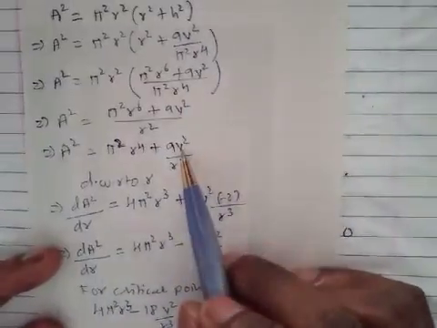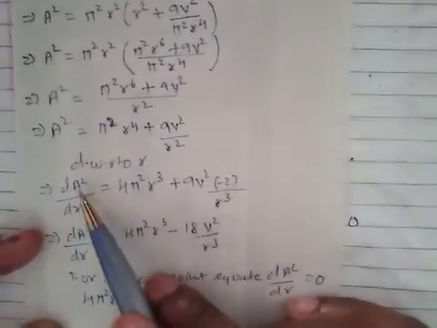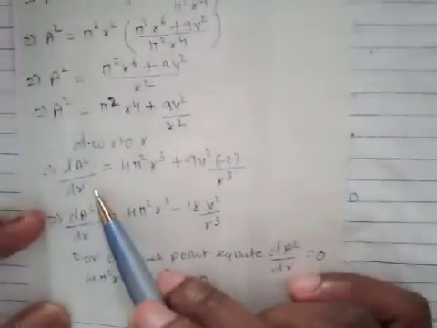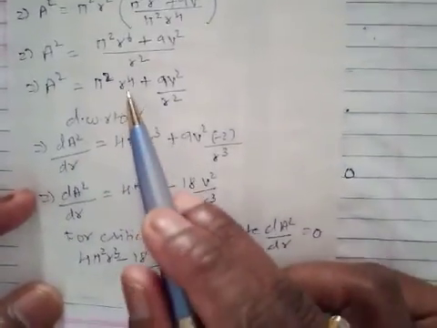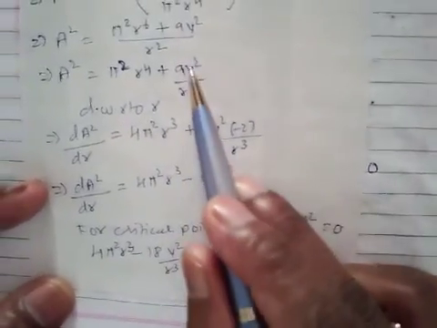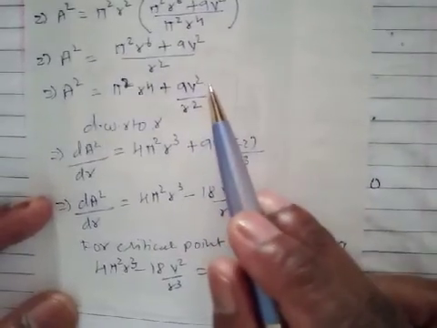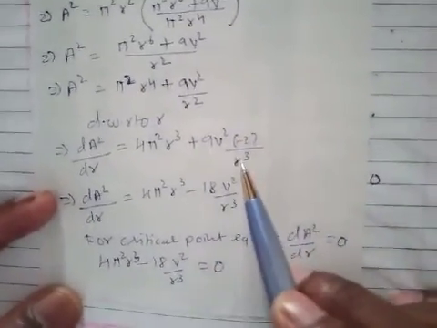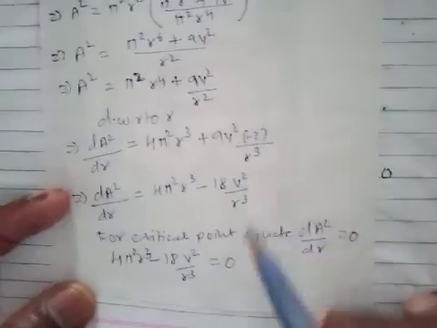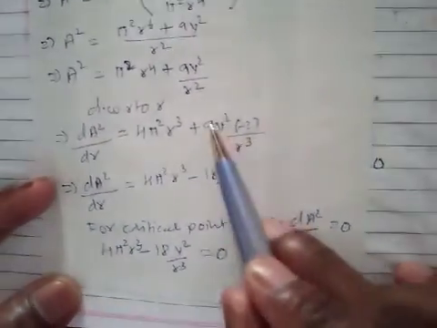So dA square by dr is equal to 4 pi square r cube, and 9v square is common, so it will be minus 2 r raised to minus 3, giving minus 18 v square by r cube.